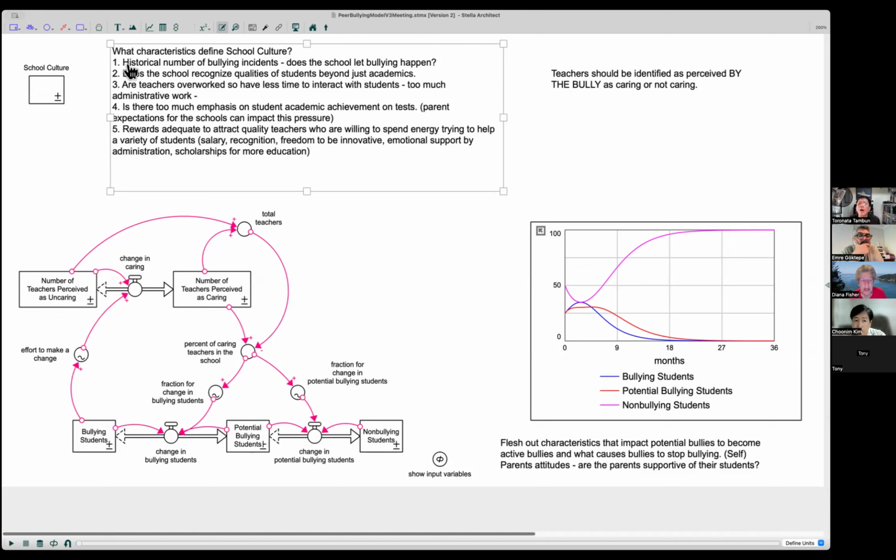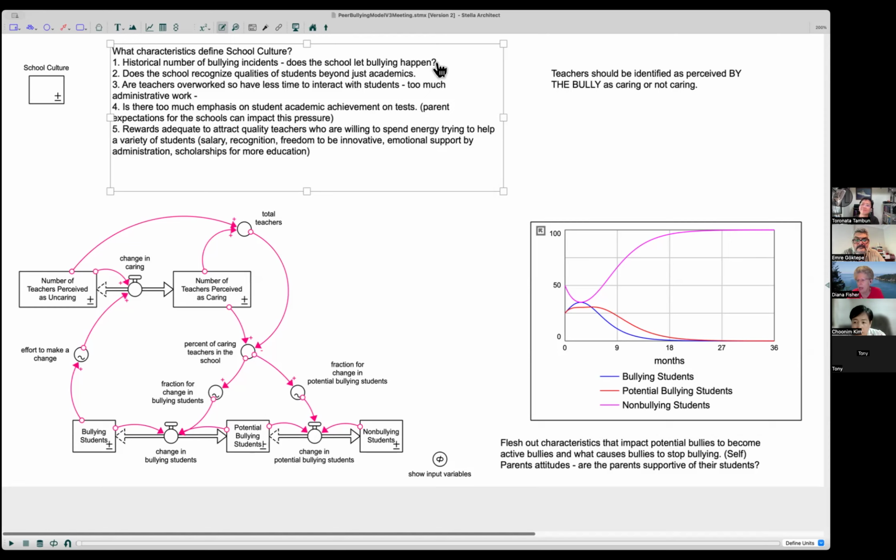I was thinking that if the historical number of bullying incidents is large, then I would anticipate that a policy to change it would take a longer amount of time to show effect.